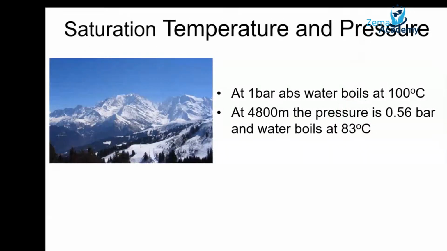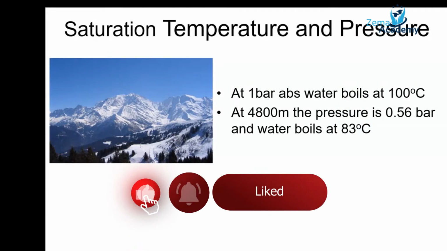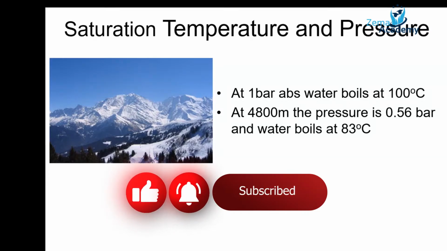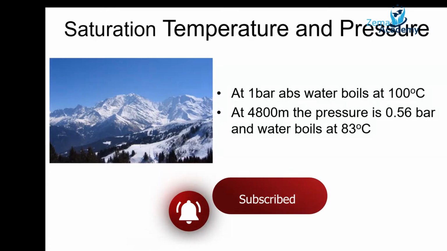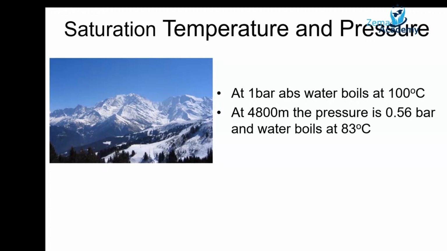For instance, if you try to boil water at, let's say, 4,800 meters, at a pressure of 0.56 bar, the water boils at 83 degrees C. So as you can see, not 100, the one that we always say; depending on the pressure, water can also boil at 83 degrees C. What I wanted to highlight here is the relationship between pressure and temperature, and that is critical in any refrigeration system that we will look at.